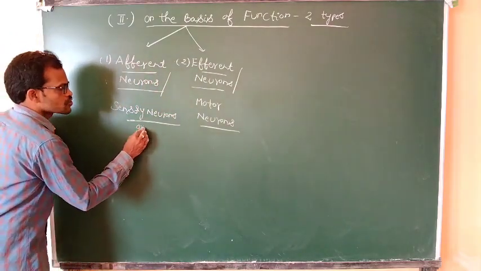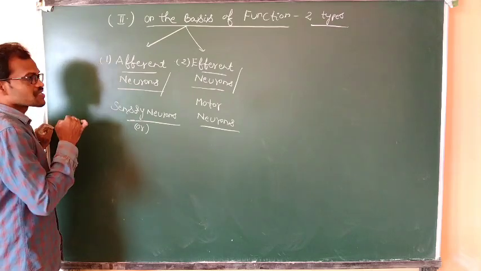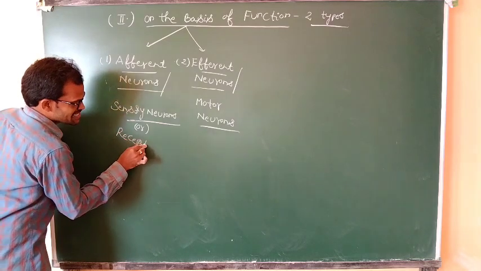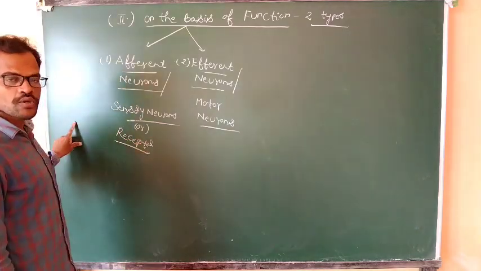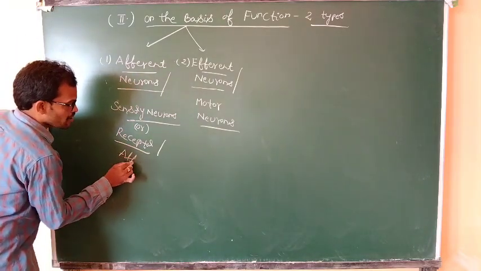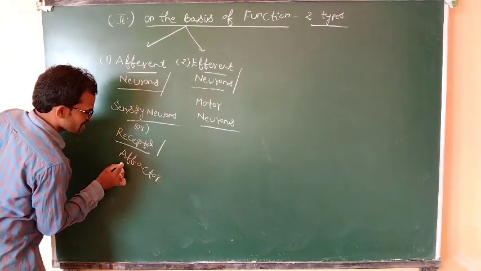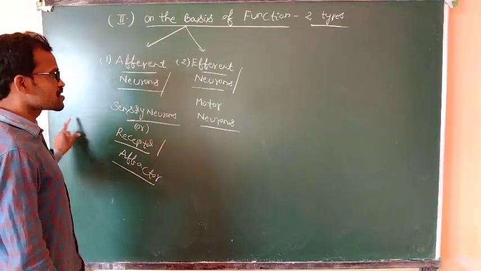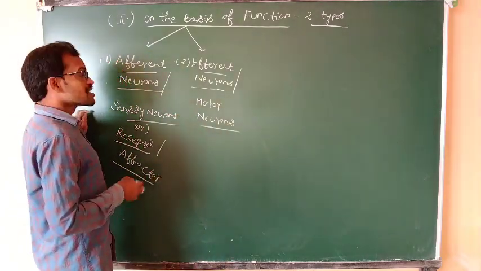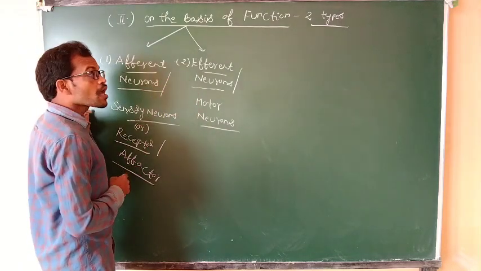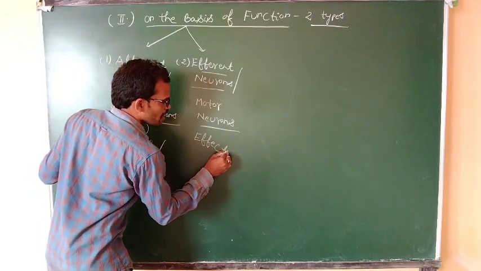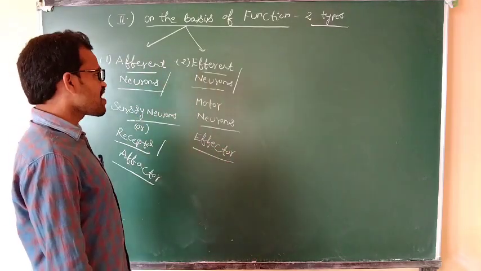Sensory neurons, that is afferent neurons, are also known as receptor neurons. The efferent neurons are also known as effector neurons, the motor neurons.